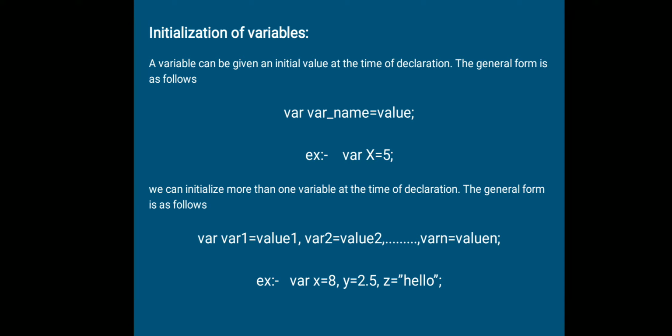JavaScript data types are variant. Whatever value I am assigning to the variable will be the type of the variable. So x is 8, y is 2.5, so both x and y are of type number, and z is hello, so the data type of z is string.